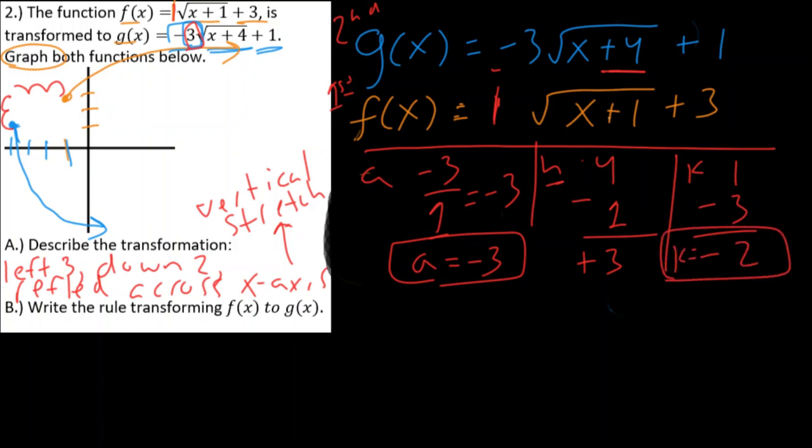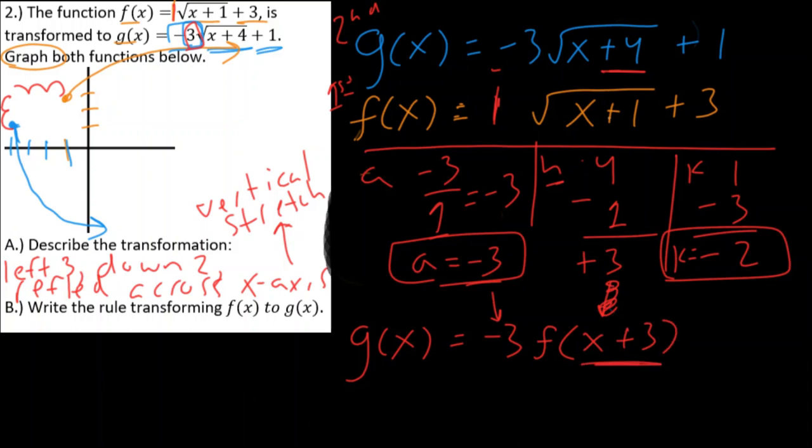Okay, and this allows us to write our rule. We'd say this. We'd say g of x is equal to, you write your a value, negative 3, and then you write f, because remember this is the rule that transforms us from f of x to g of x. And then since our x value is positive 3, we're actually going to write this plus 3 on the outside. It's not our h value, but it is what goes here. And then we drop our minus 2.